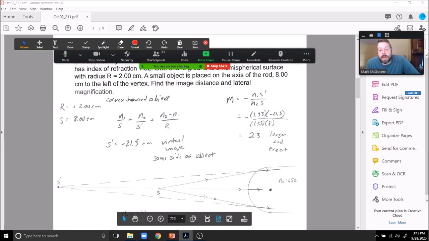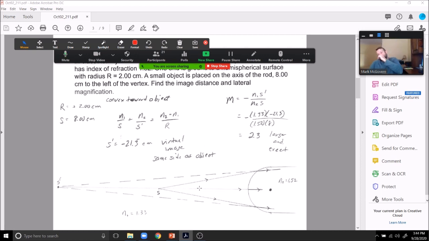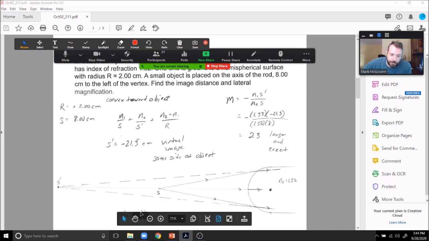So now I drew a picture down here to see what that's going to look like. Even though we've changed one thing here, we just said we're going to have water now instead, we now end up with a really different scenario here, actually. Now we end up with a virtual image. So N1 is the water, okay, down here. N2 is the 1.52.